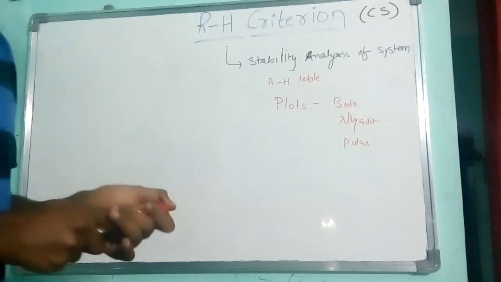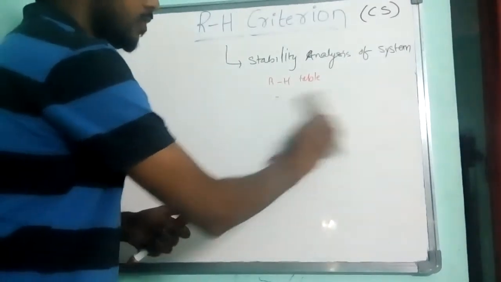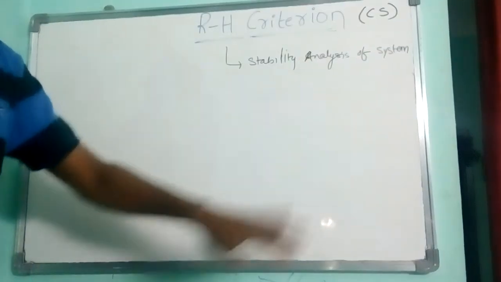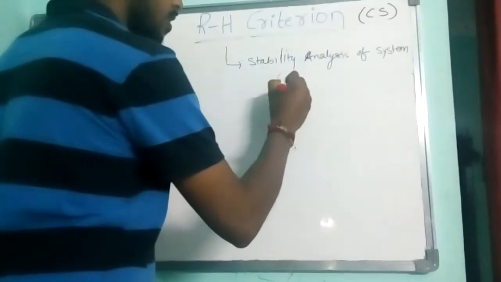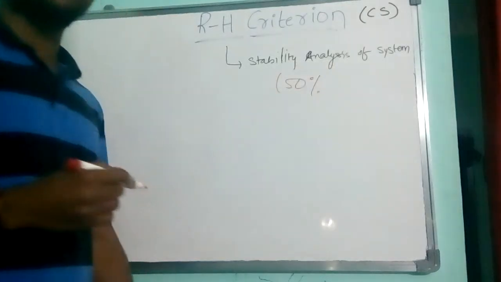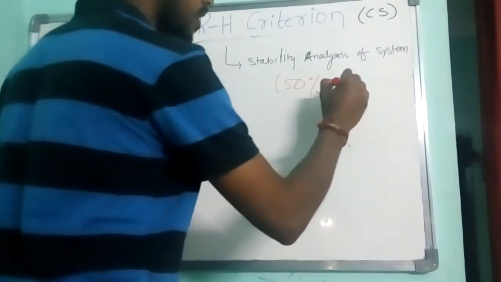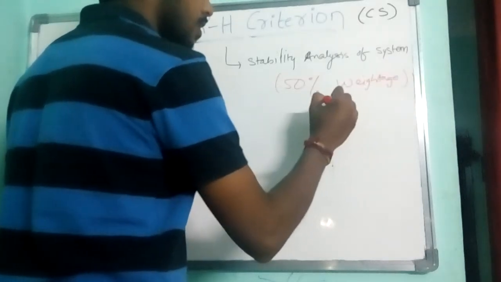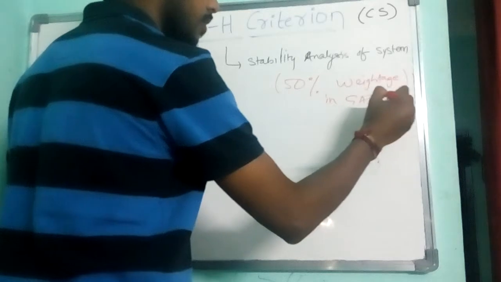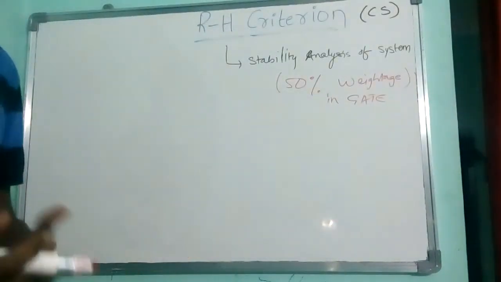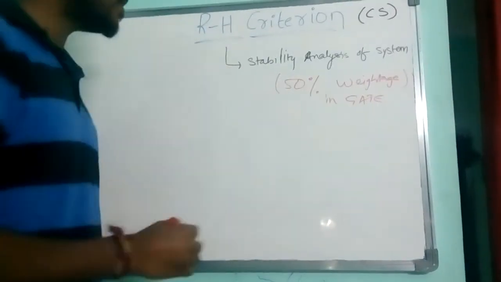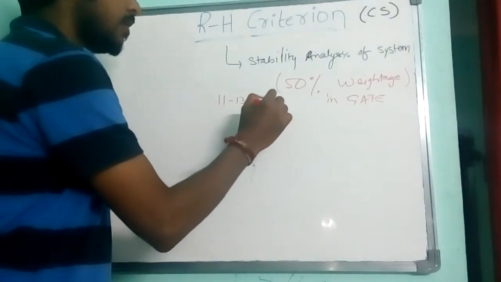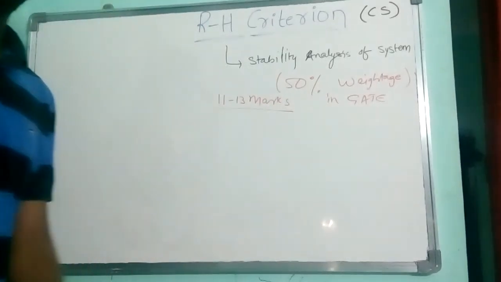Here, I want you to know the stability analysis of the system has 50% weightage in the GATE exam. In the GATE exam, I can say more than 50% also. Generally, the weightage from control systems is 11 to 13 marks.